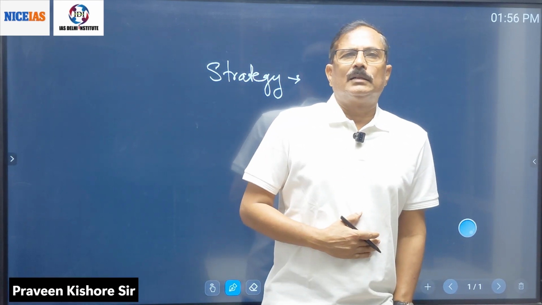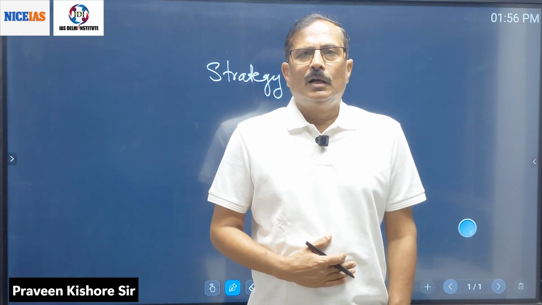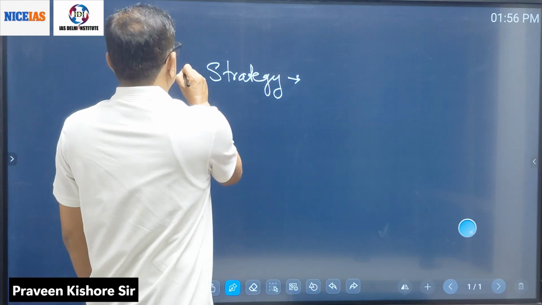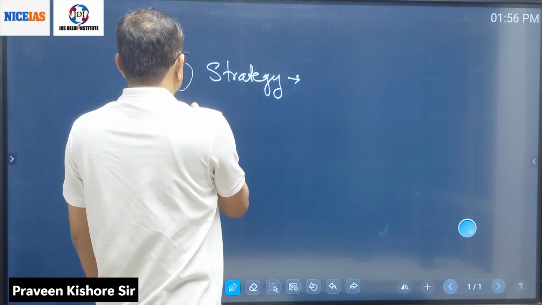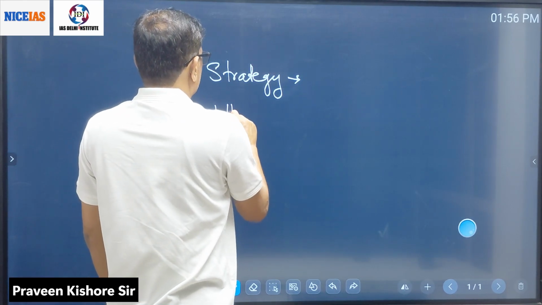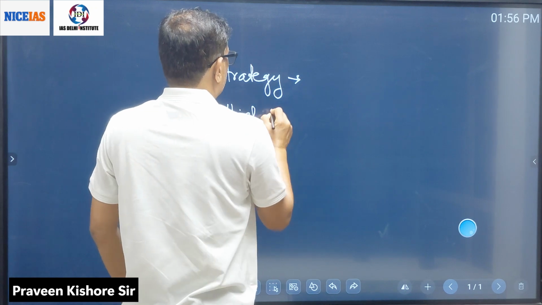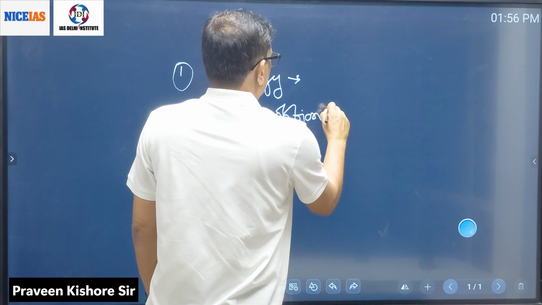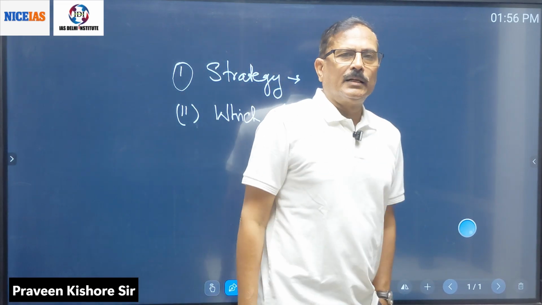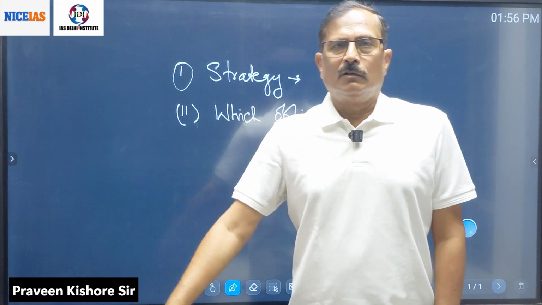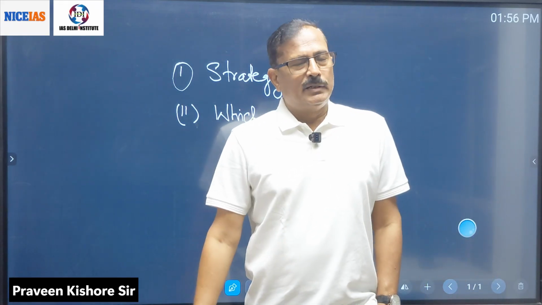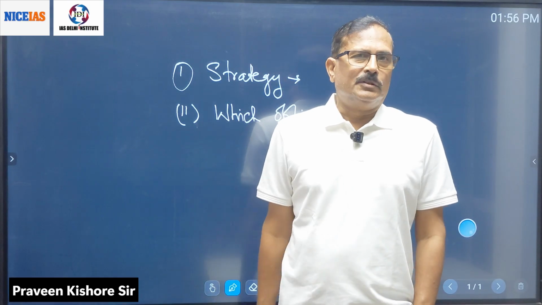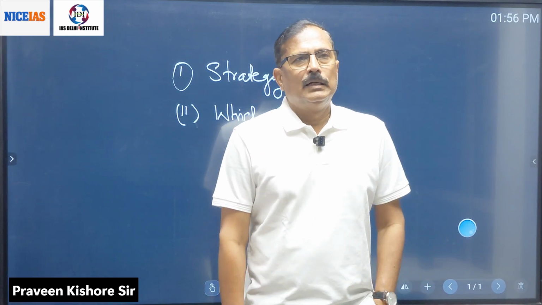Now the next thing that I am going to tell you about is which optional you should choose. Whether you want to select public administration, psychology, history, mathematics, engineering, medical science or sociology, right?